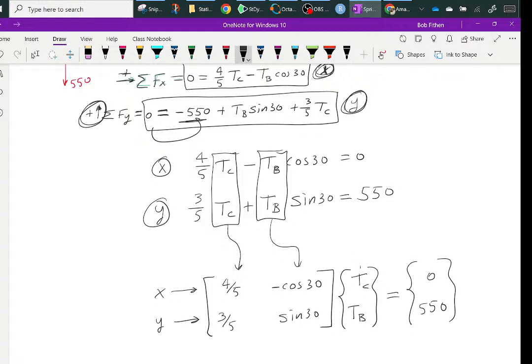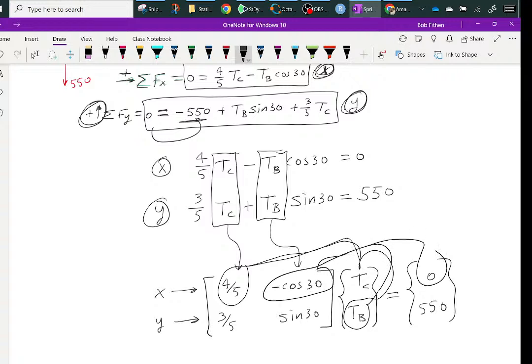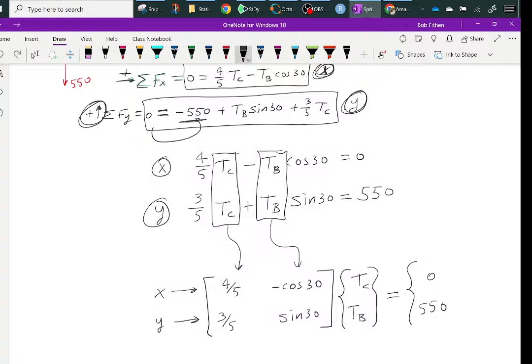The TC times this, in addition to adding the TB times this, would give me that. And that's what this first equation is. So this first one is essentially equation X, and equation Y is the second one.